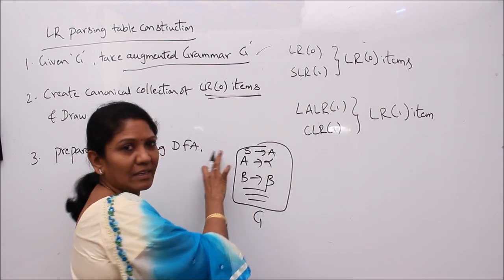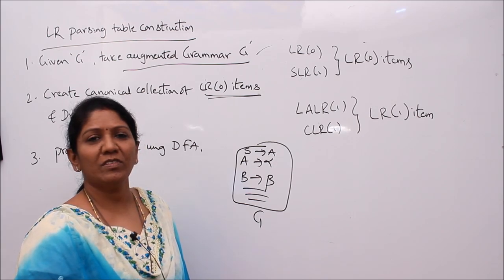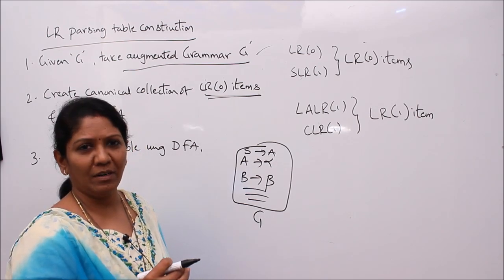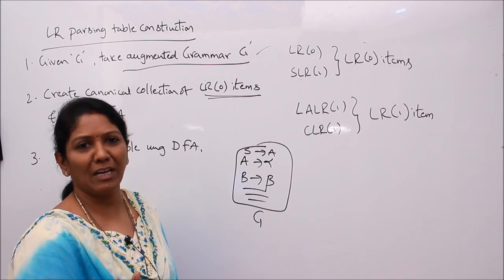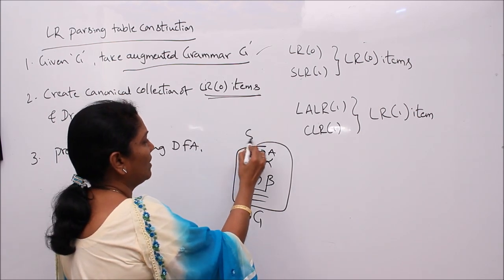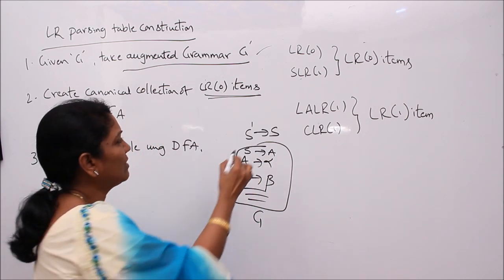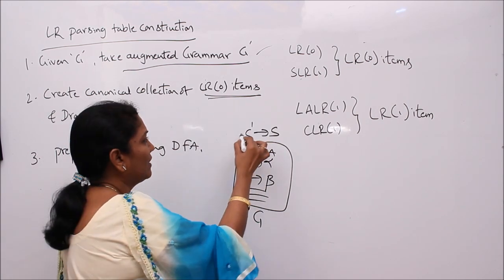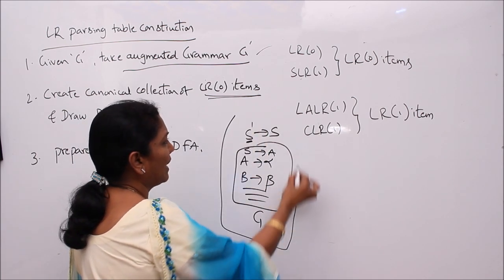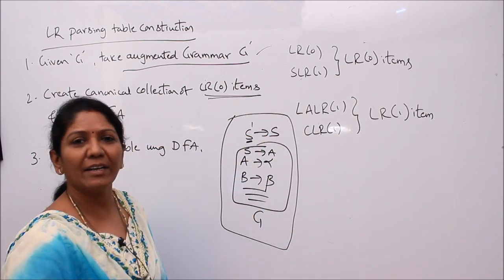To this existing grammar, you simply add one more production to change the start symbol from S to S dash. If I included a rule S dash to S, now this becomes my start symbol, along with this grammar, I have added a new production.